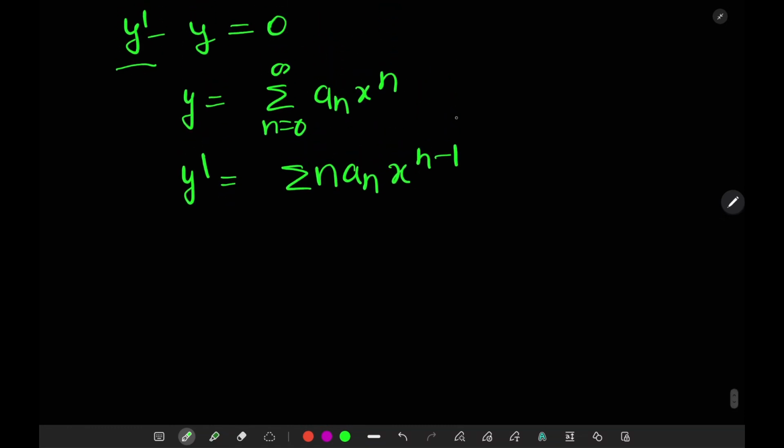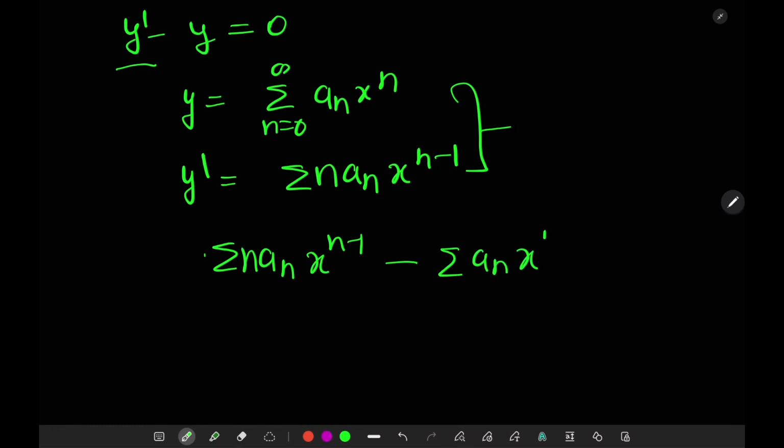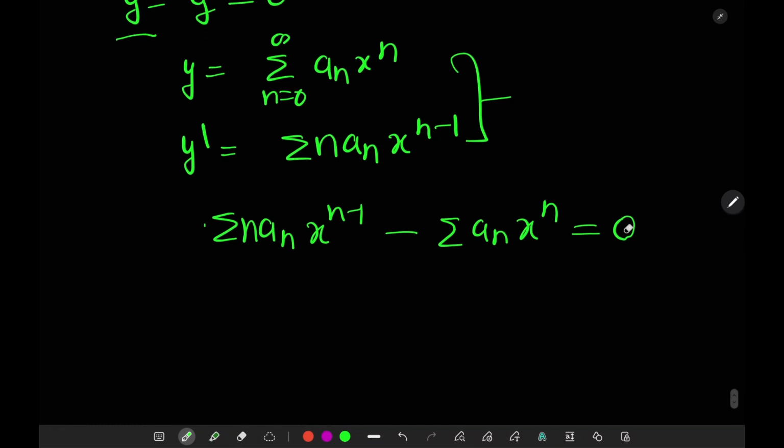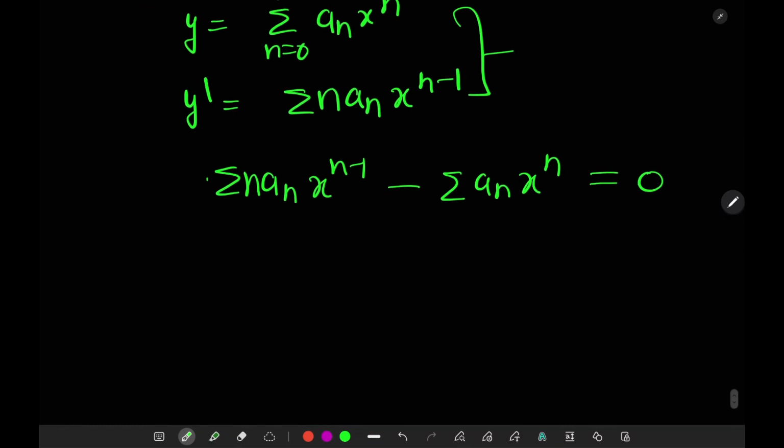Now put this value in the given question, equal to 0.